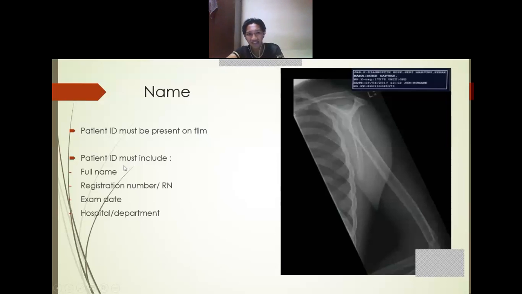The patient ID must include four types of information. First, the full name. As you can see, this is the full name of the sample, Muhammad Safwan. Then we have the registration number right here, the exam date right here, and the hospital or department right here.